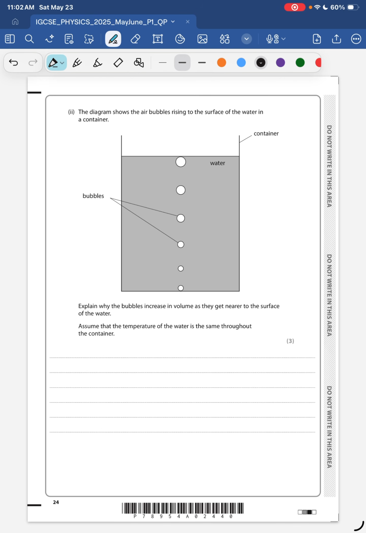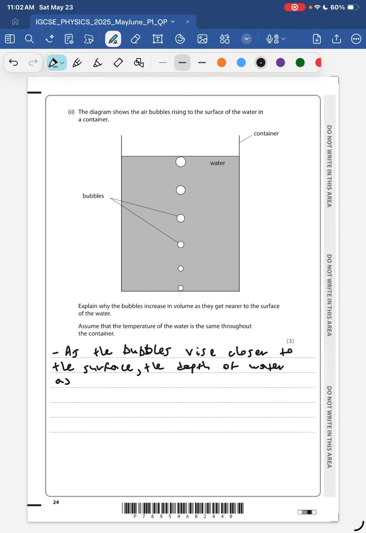Part 2. The diagram shows the air bubbles rising to the surface of the water in a container. Explain why the bubbles increase in volume as they get nearer to the surface of the water. Assume that the temperature of the water is the same throughout the container. So we can write that as the bubbles rise closer to the surface, the depth of water above them decreases.